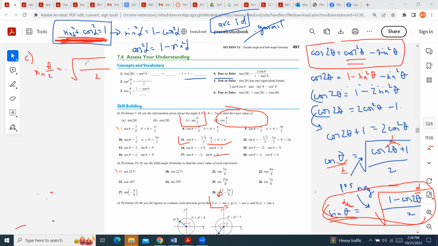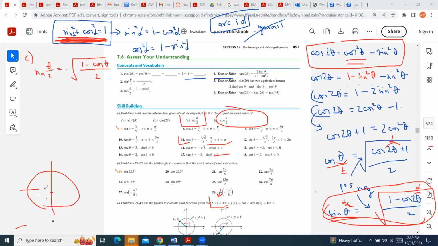And then I need to get 1 minus cosine of angle theta. So 2 theta. Instead of theta, I use theta over 2, like half. So let us make a picture of that. Square root 6 over 3.